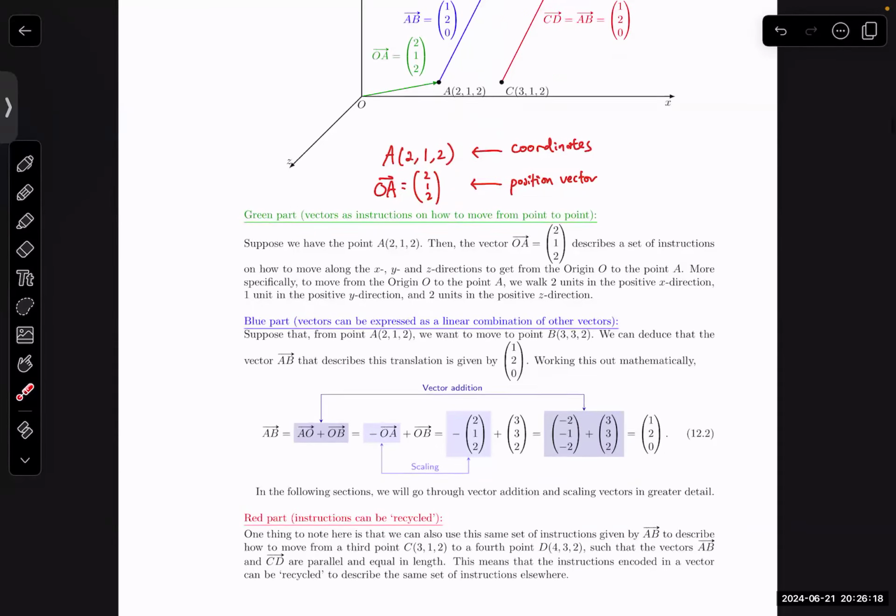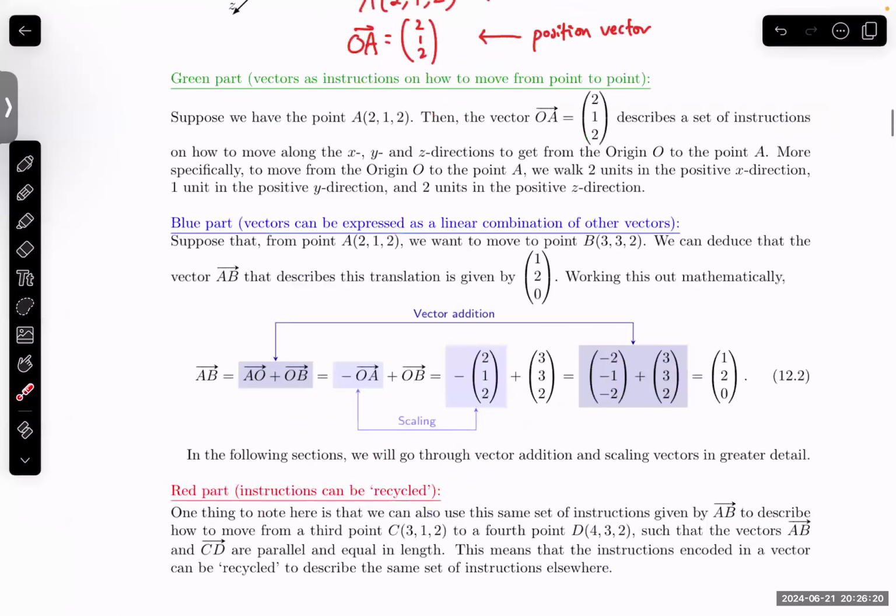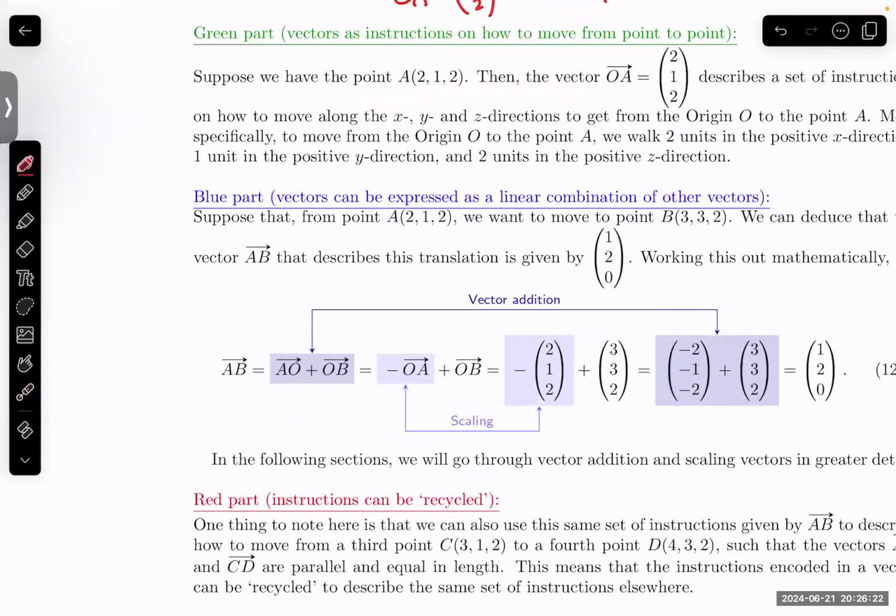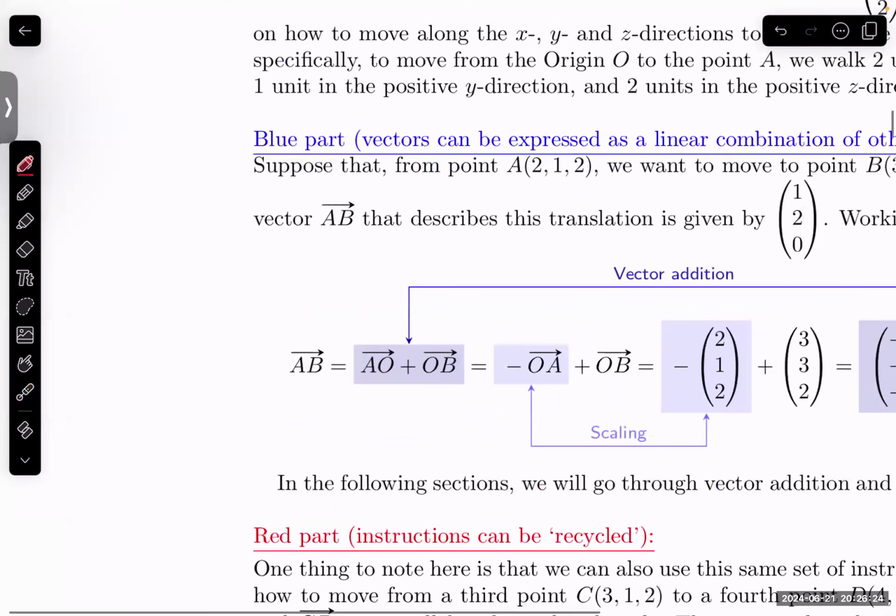So the easier way to think about it is, just now I mentioned that I usually think of this vector AB as the vector that takes me from A to B. What that means is I can write it as from A to O, then from O to B.